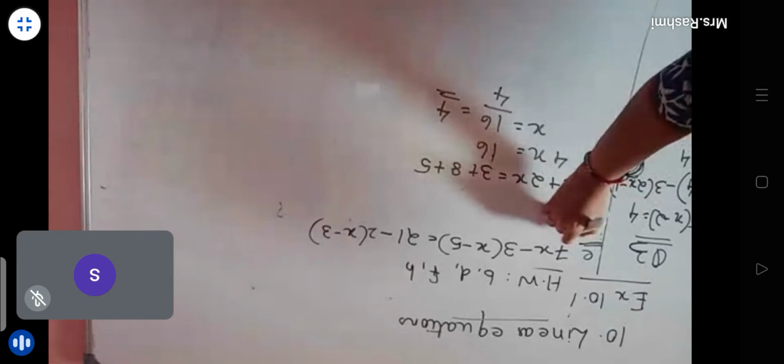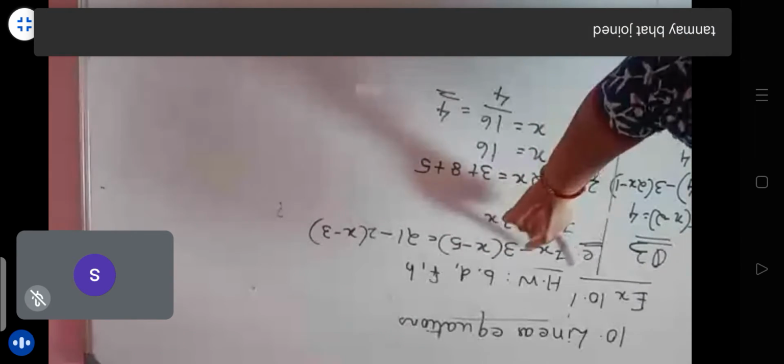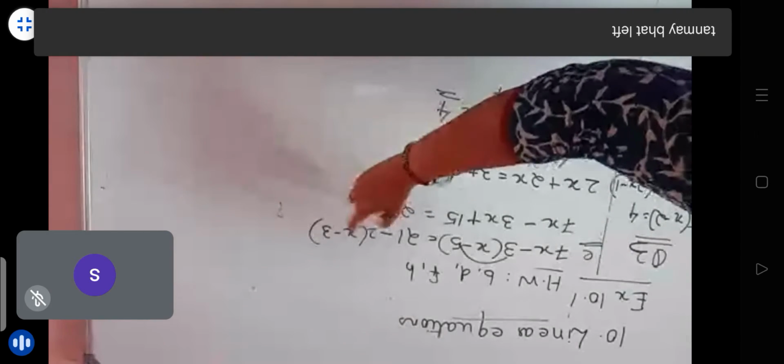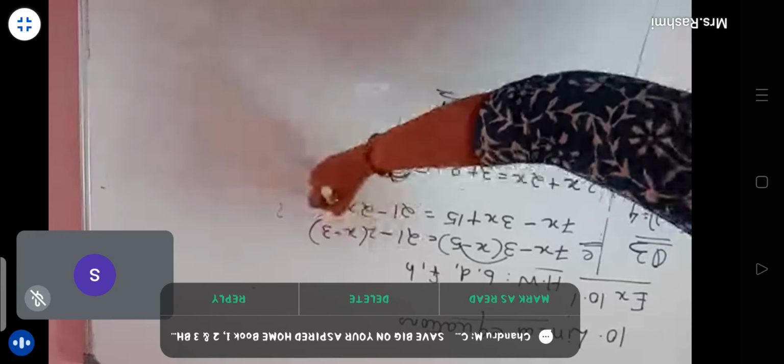So now what we are going to do is open the brackets wherever there are any brackets. So this becomes 3x, and this minus and this minus is going to make it plus. 3 into 5 is 15, which is equal to 21 minus 2x.